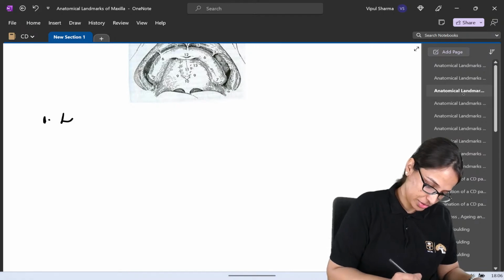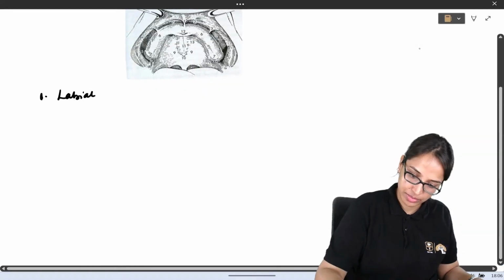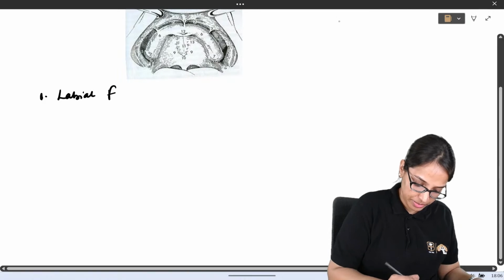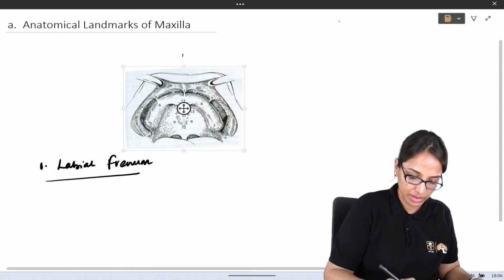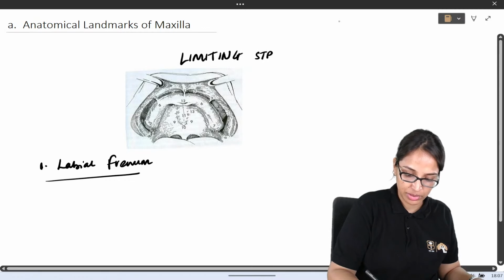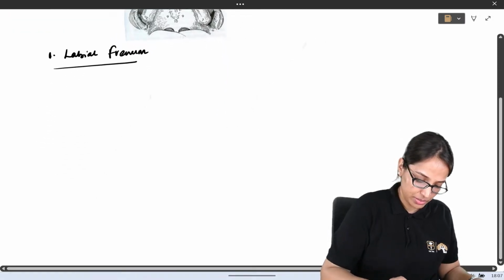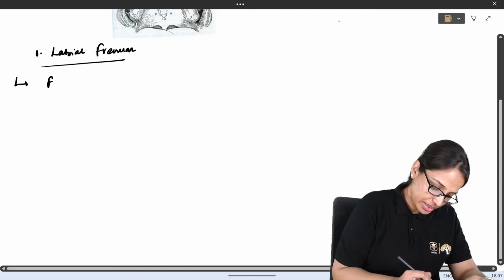The first limiting structure is called as labial frenum. So let us begin with limiting structures of maxilla. We'll first discuss what is called as labial frenum. Now what the word frenum means.